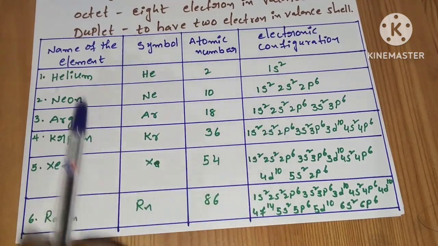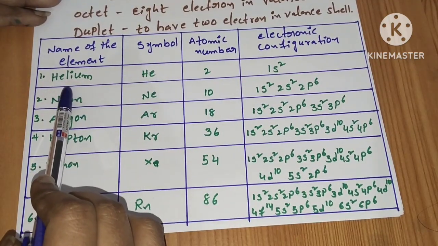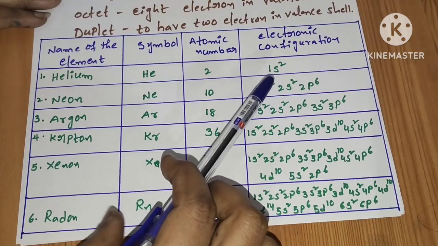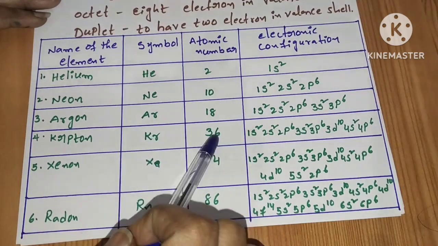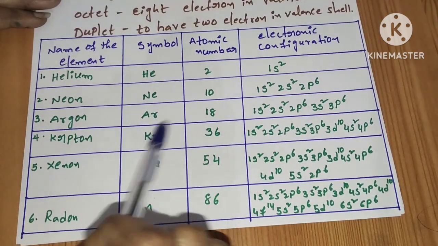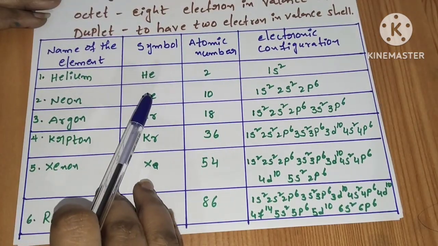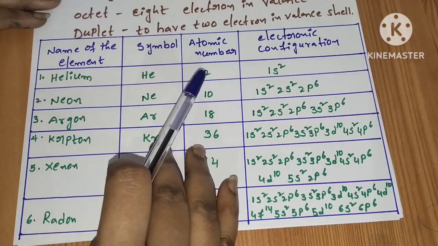All the noble gases except helium have their outermost shell completely filled and have attained the octet, so they have no tendency to lose or gain electrons. Hence, they exist independently.